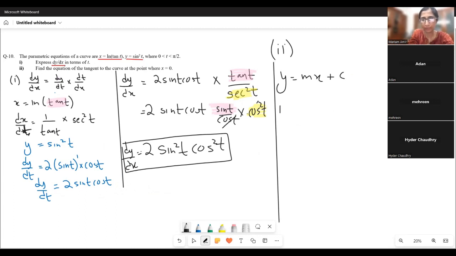Let's talk about m first. So m would be 2 sin square t cos square t. However, we need the value of t that we can substitute here so that we get the actual gradient. Where will t come from?